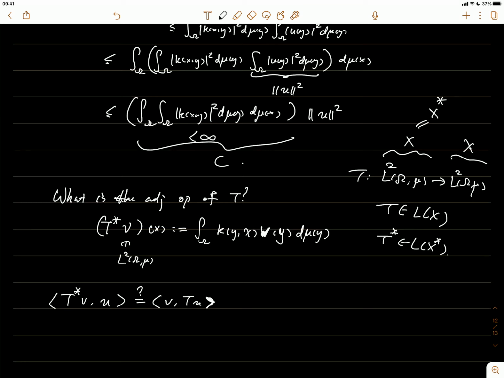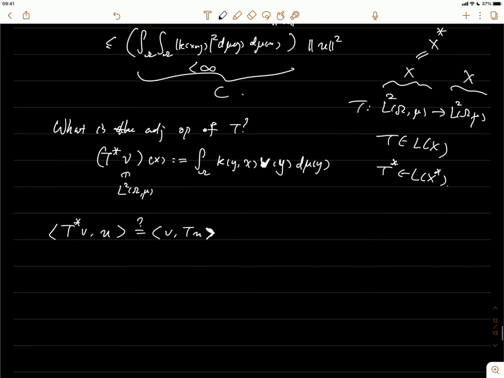Well, on the right hand side, according to our definition, this is equal to the integral of V(x) times (Tu)(x) d mu x.